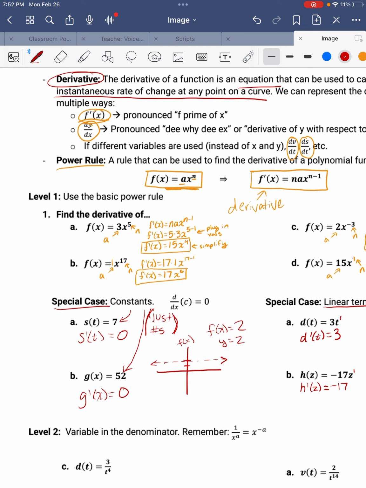And notice that the gradient at any point on this flat line, the gradient is equal to 0. And since the derivative is the way that we calculate the gradient at any point on a curve, if the gradient is always 0, then the derivative is also just equal to 0.